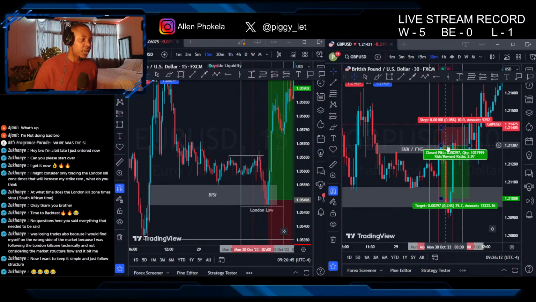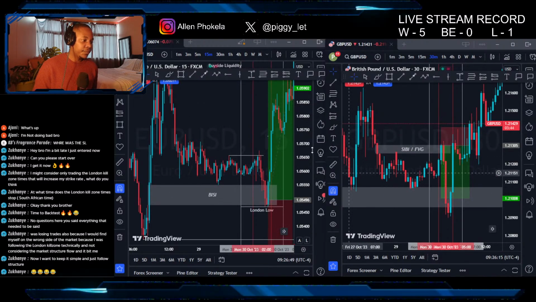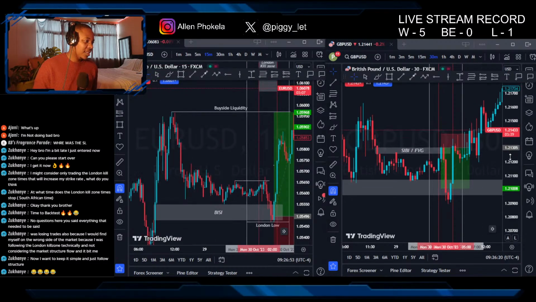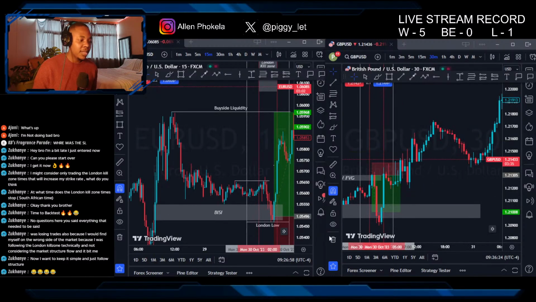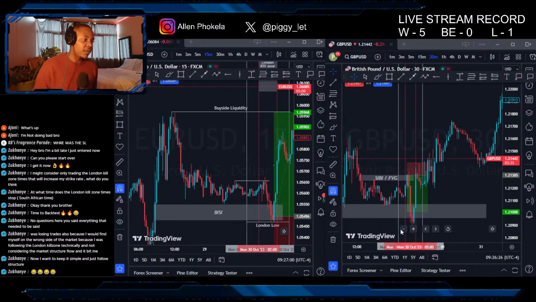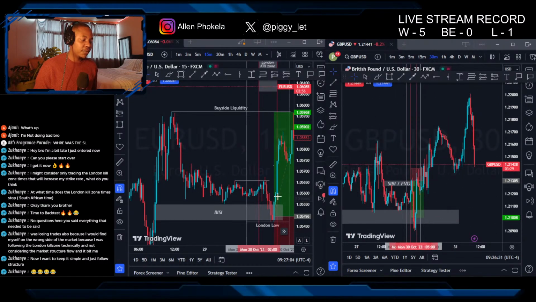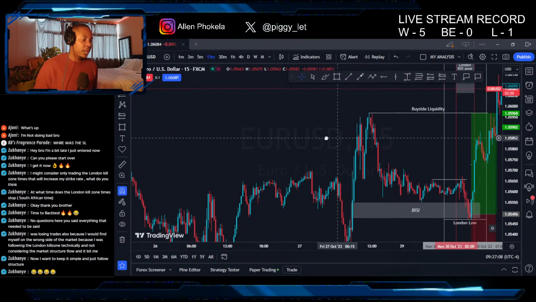So obviously you would want to sell this here until here and then buy that. So that's how I'd want to use the EURUSD, just to see which one plays out nicely at the time, which one confirms better than the other, to consider taking a trade from them. So that's how I would use it.